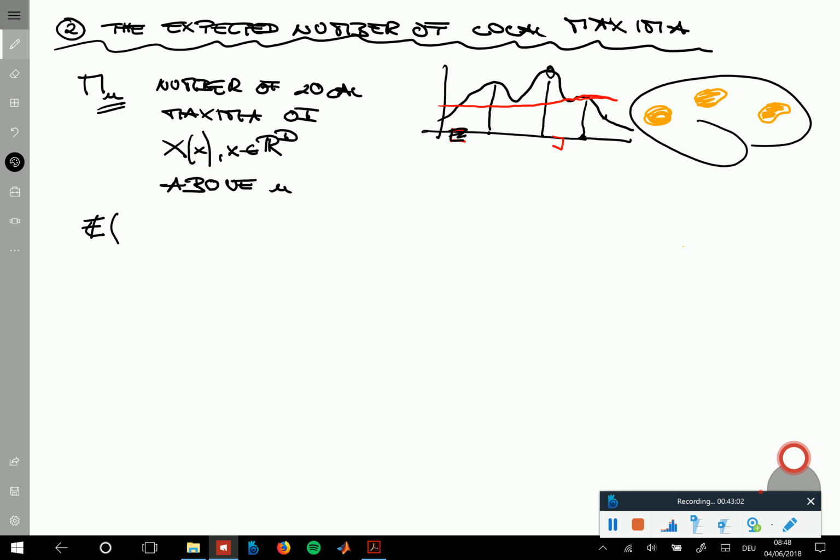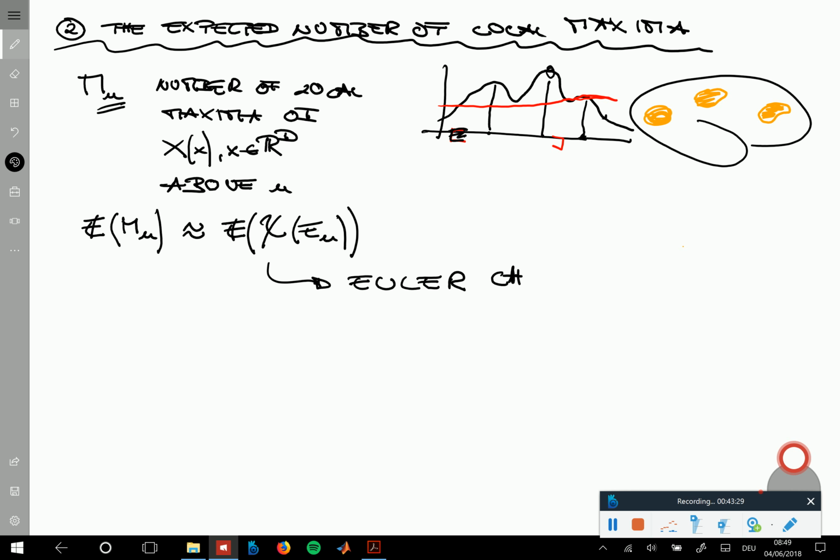The expected number of local maxima is approximated in RFT by the expected Euler characteristic of the excursion set. So this chi here is the Euler characteristic, specifically of the excursion set with threshold u.